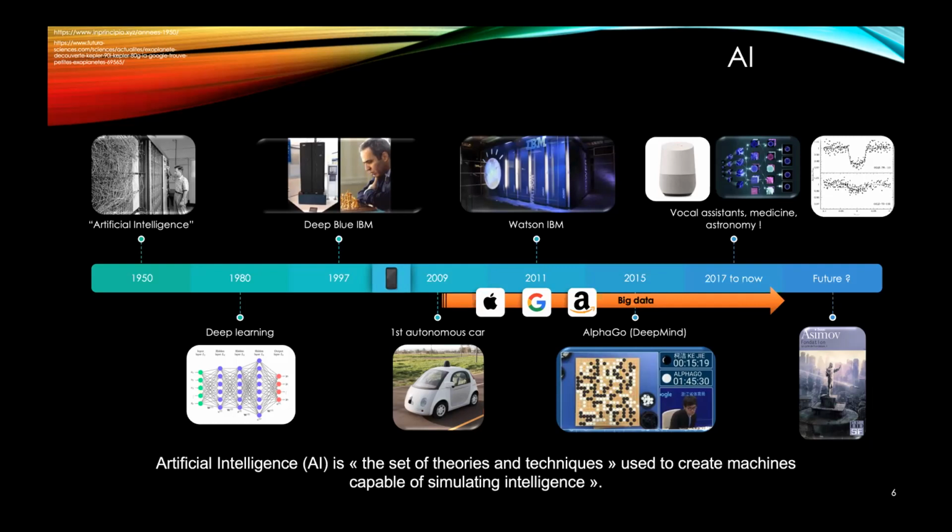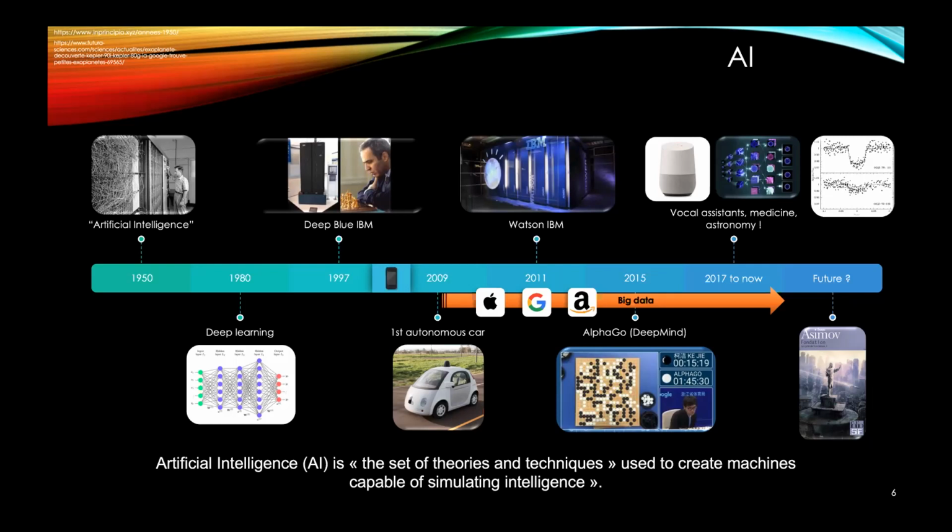And today we have some interesting tools with AI, like vocal assistants, prediction in medicine and astronomy, like exoplanet detection, for example. I have to say I am not an expert in AI. I am just very interested in this technology, in these algorithms.